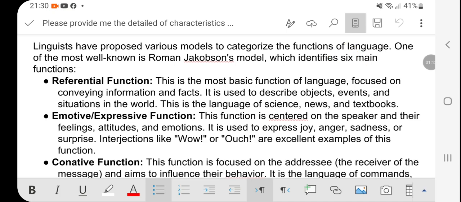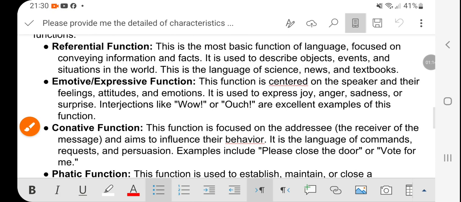Let us see. Number one, referential function. What is referential function? This is the most basic function of language, focused on conveying information and facts. It is used to describe objects, events, and situations in the world.